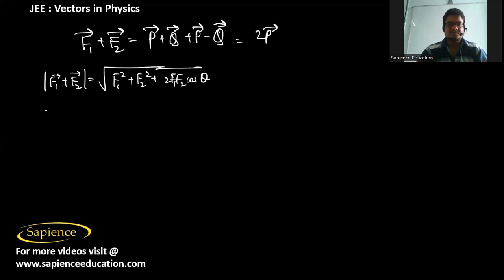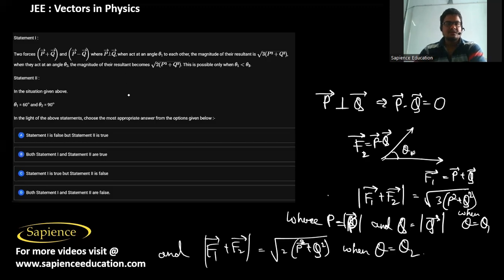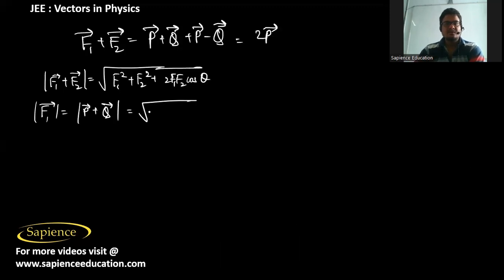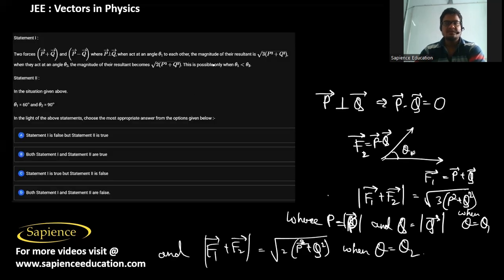Now F1 means magnitude of F1, how to find? That will be the magnitude of P vector plus Q vector. So that will be equal to square root of p square plus q square plus 2pq cos 90, since the angle in between p vector and q vector is 90 degree.